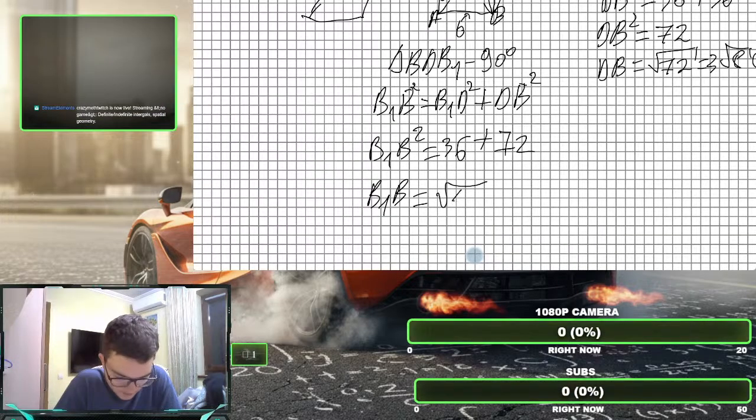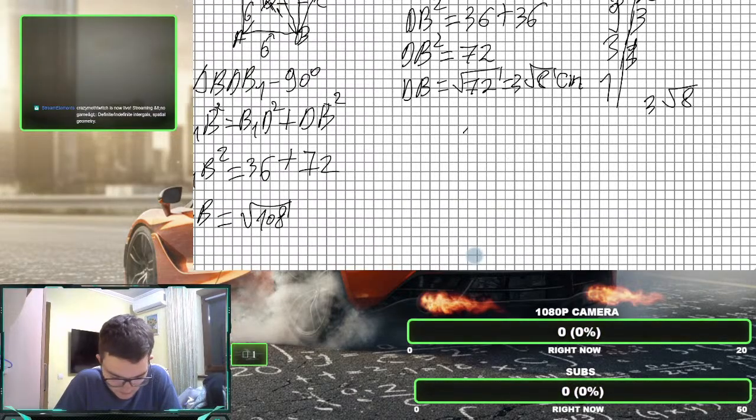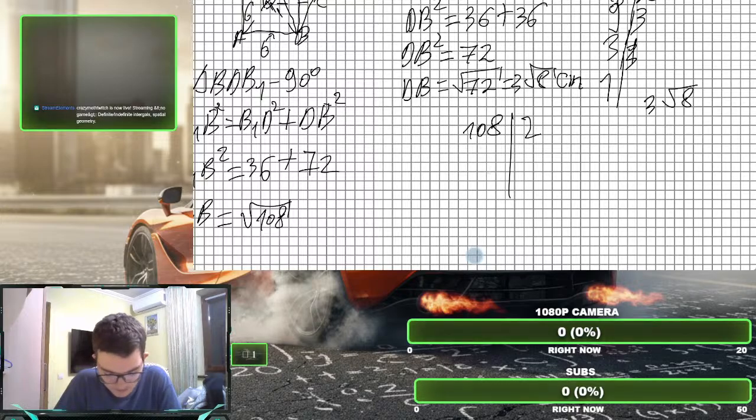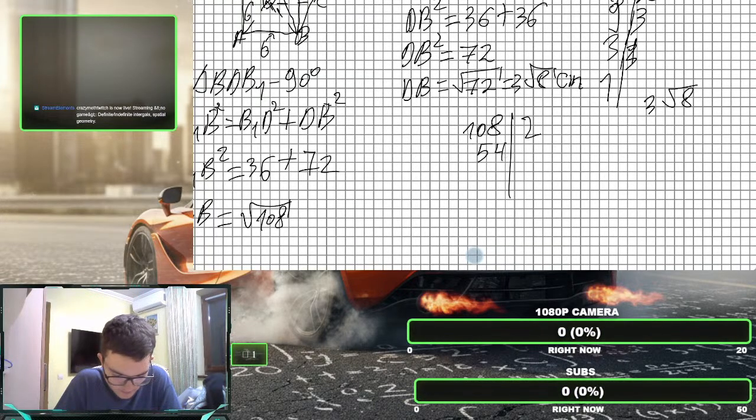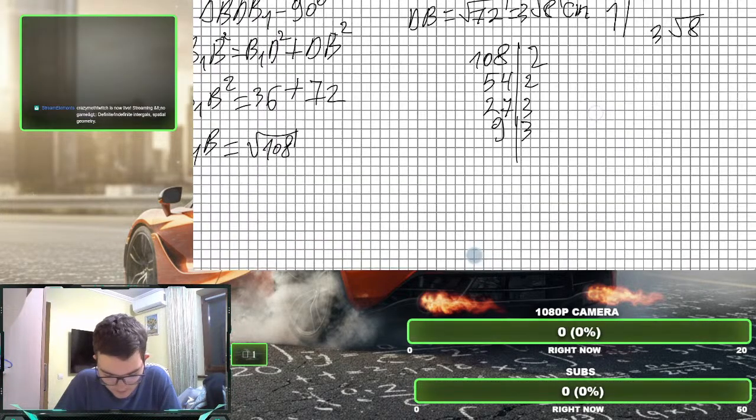So square root of 108. Basically 108 divided by 2 gives 54, then 2 again gives 27, then 3 gives 9, and then once again 3 gives 3, 3.